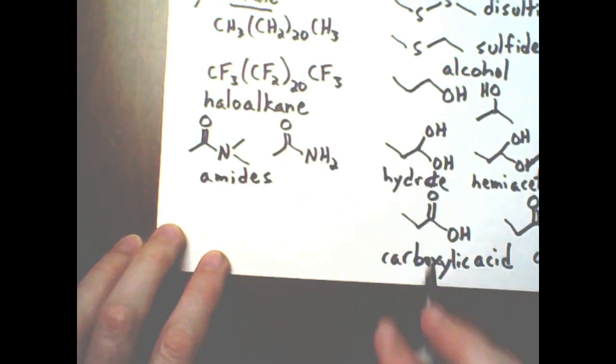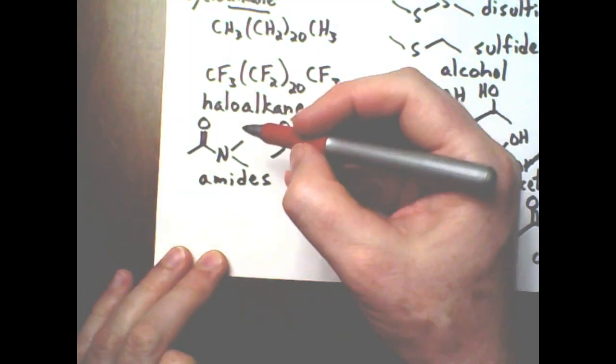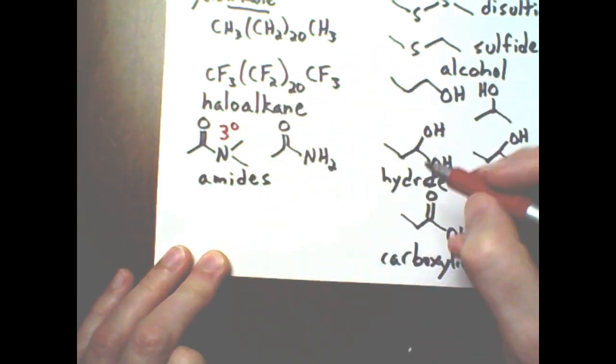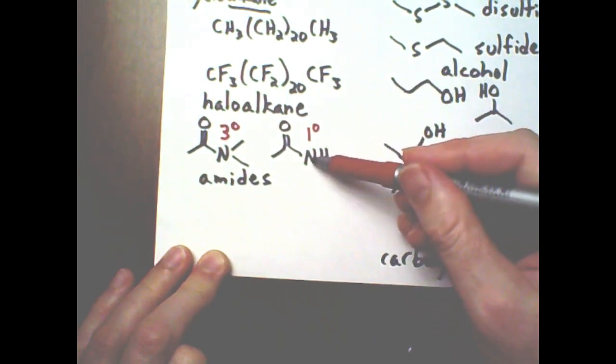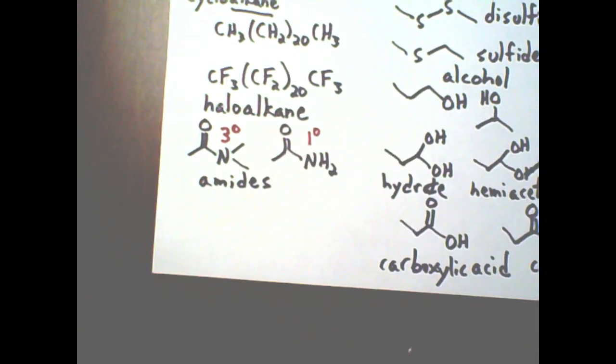You'll learn classification that's also significant to their reactivity. This would be a tertiary amide, and this would be a primary amide, because here it's connected to 1 carbon, and here it's connected to 3 carbons, but that's something you'll learn more about elsewhere.